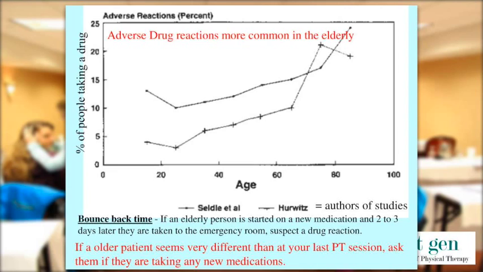With the other practitioners that are taking care of them, whether it be the ER or their PCP, you may have to advocate that somebody needs to take a look at whether this is a medication issue that's really caused my patient to decline in status.